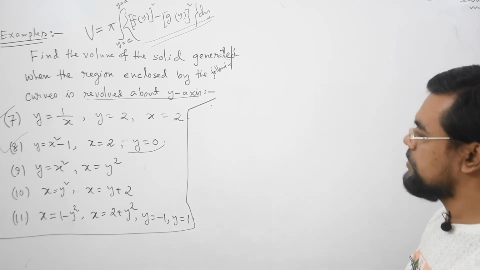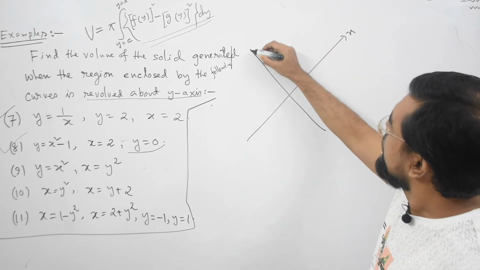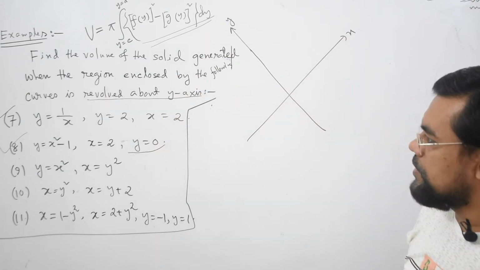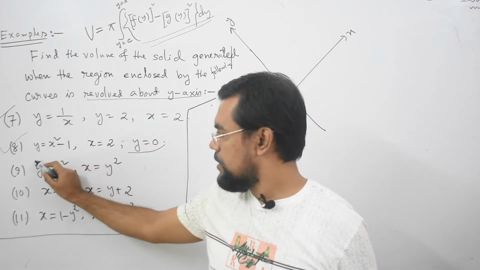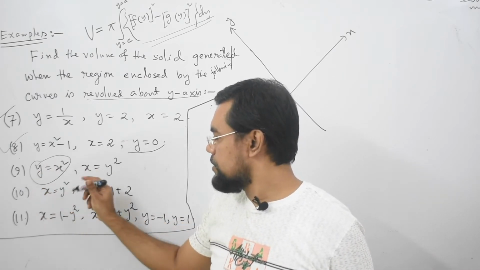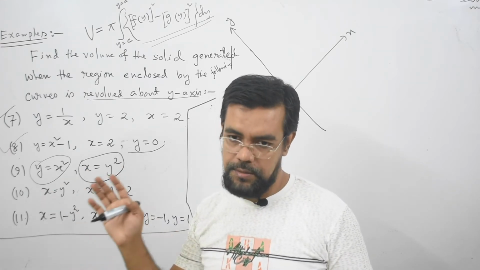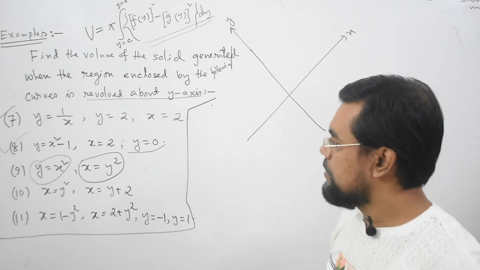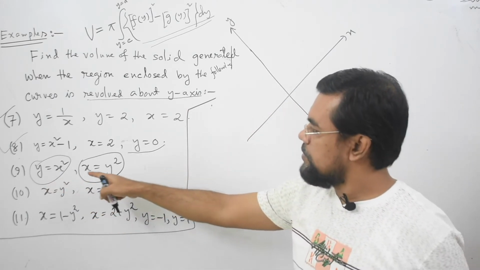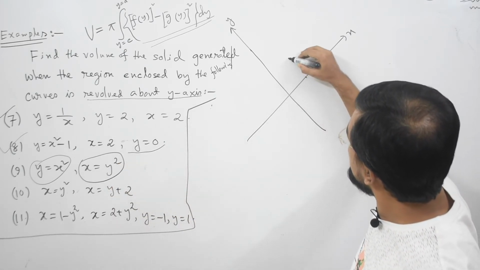The first one is y equal to x squared, a parabola which opens up with vertex at the origin, and the second one is also a parabola which opens right with vertex at the origin. So let me sketch the first one, y equal to x squared, and note that both of them will intersect each other at (1, 1). So first let me put the point (1, 1) here.